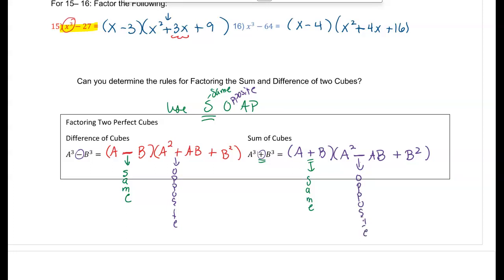Then, what's our last sign no matter what? Addition. So the AP stands for always positive, or in your head, always what? Addition. So this is always positive. And that goes the same thing, always positive.